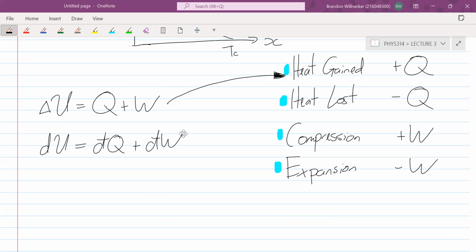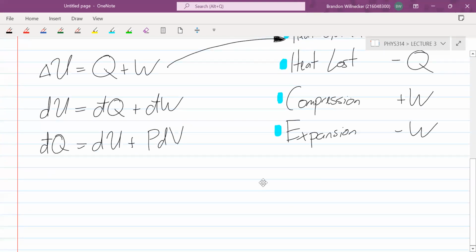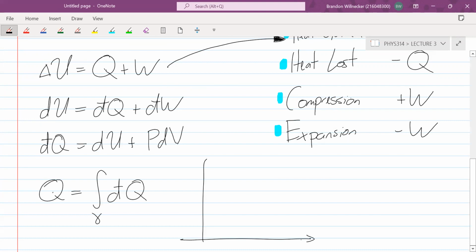We can rearrange this to solve for đQ, and we can get đQ, again with the little bar, is equal to dU plus P dV, okay, differential form of that. If we want to work out the total heat transferred for a specific process, remember a process is just that curve through the state space, then Q, the total heat, is the integral over gamma of this differential.